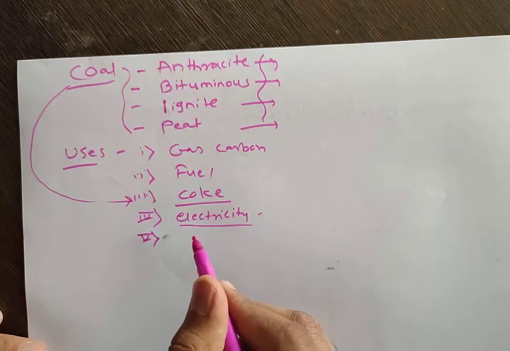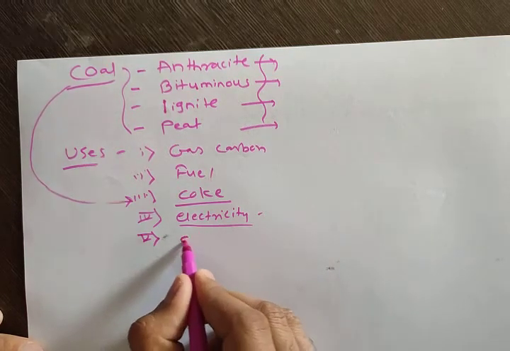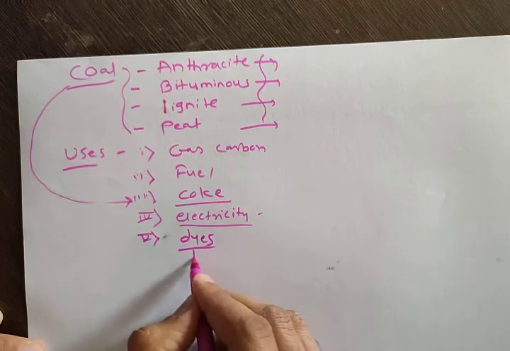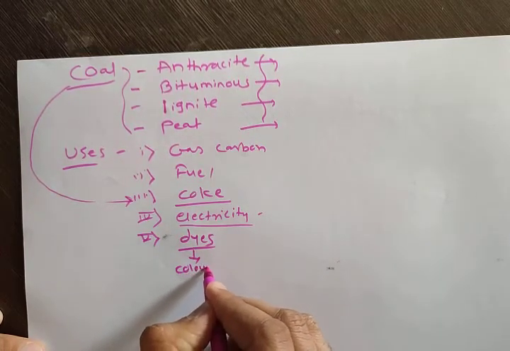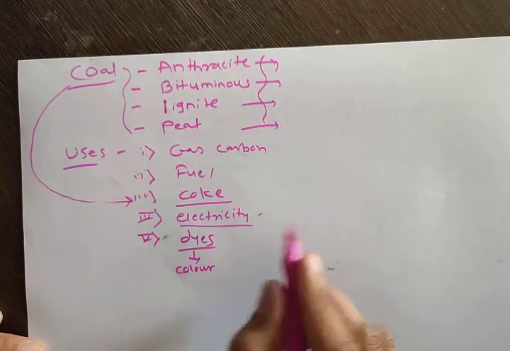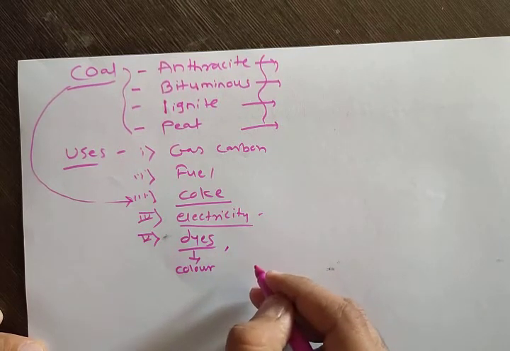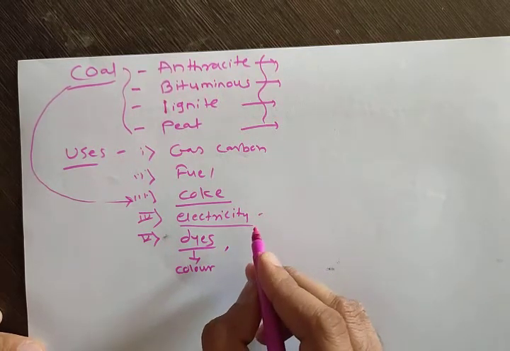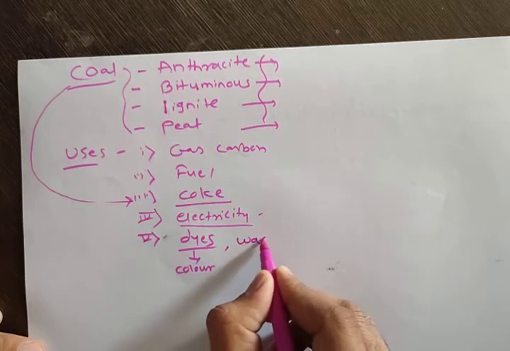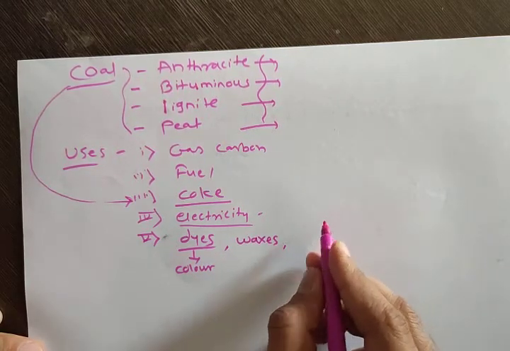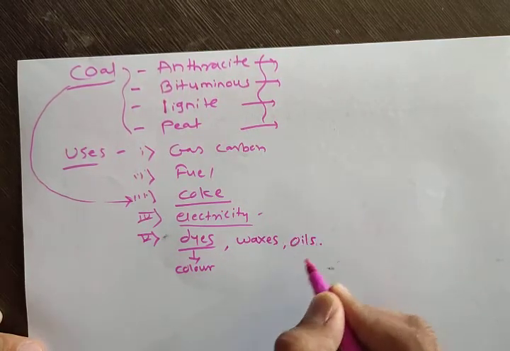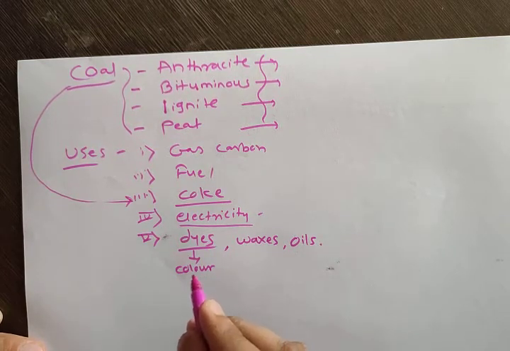Then coal is used in manufacturing numerous compounds such as dyes. Dyes means coloring substances, nothing but colors which are used for coloring fabrics. Then various kinds of waxes and oils are also produced from coal.